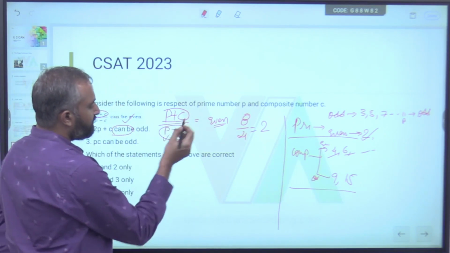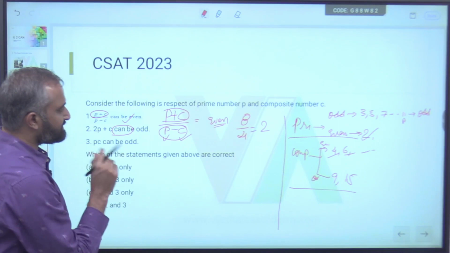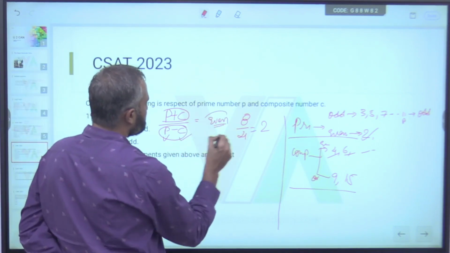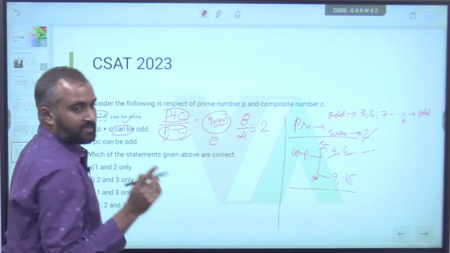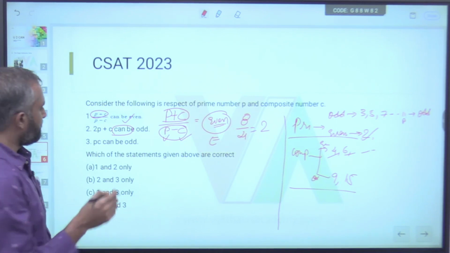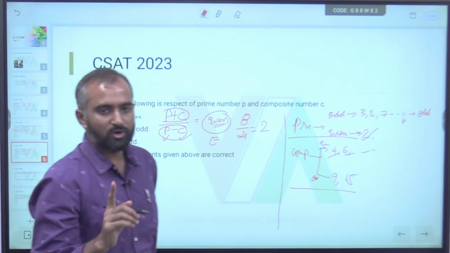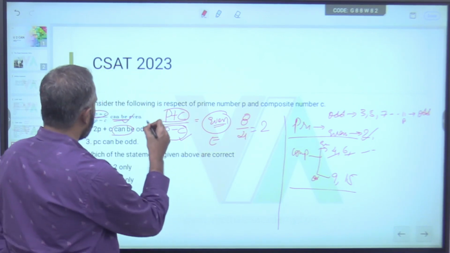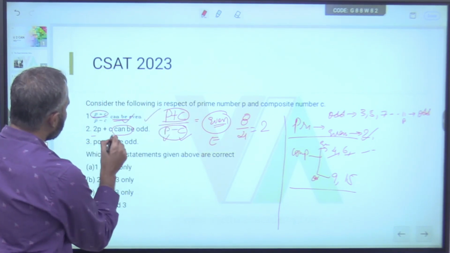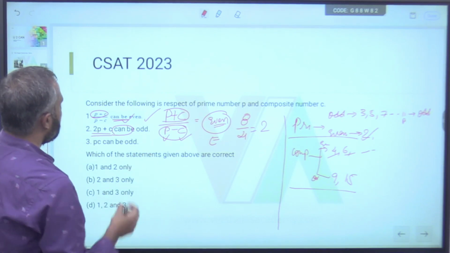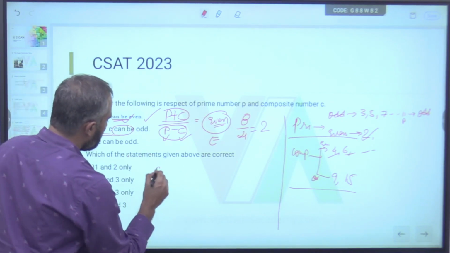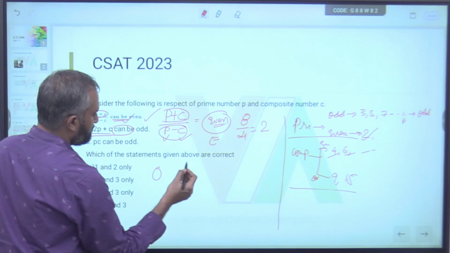So, in the last case it was definite. Here in this case it can be even. So, even one possibility. What do you need from the principles?